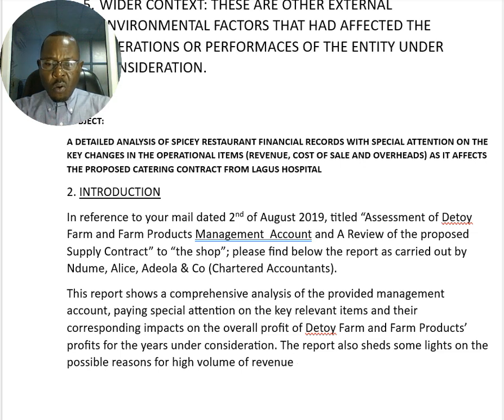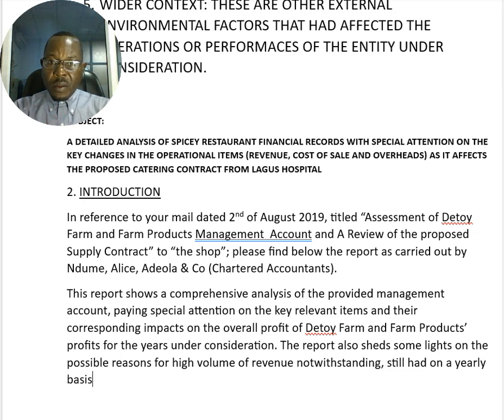The report also sheds some light on the possible reason for high level of revenue, or let's put it this way: high level of revenue notwithstanding, still has on a yearly basis some good percentage of overdraft in its financials. Okay, you have said that.